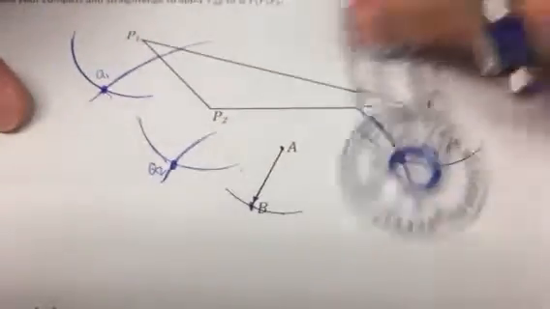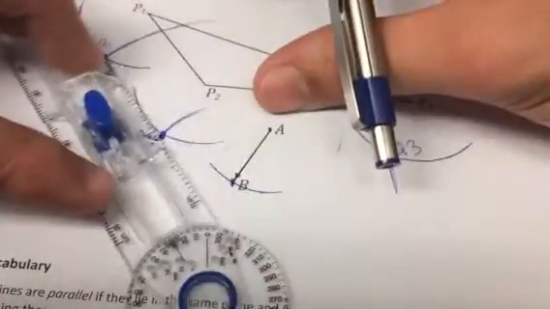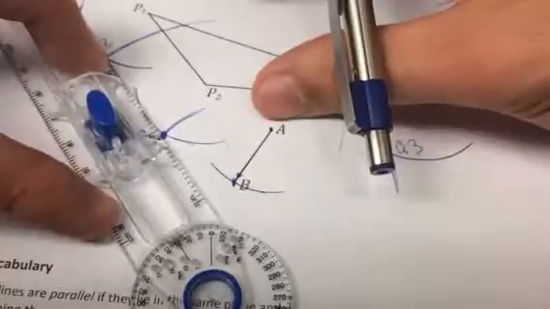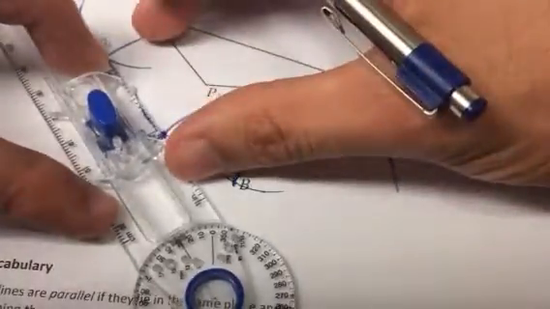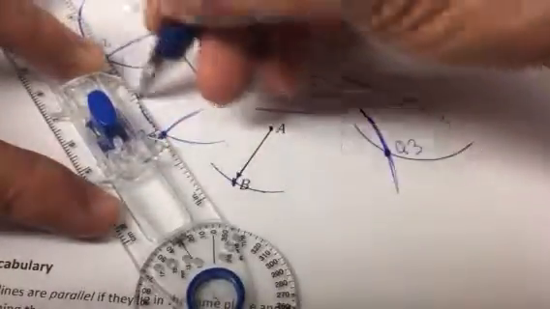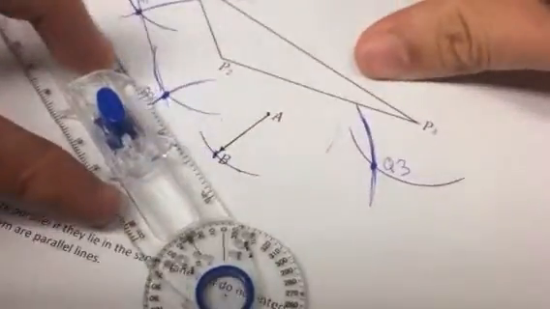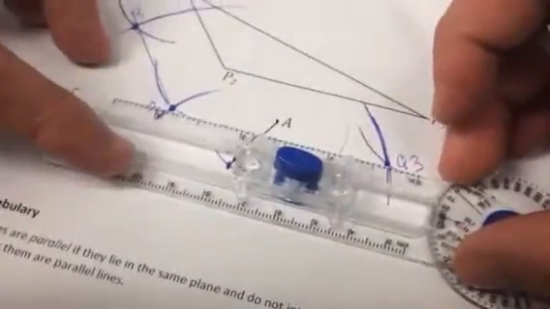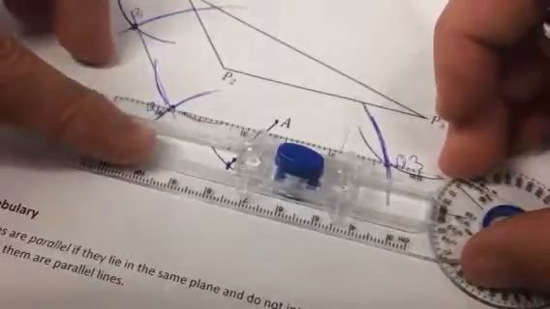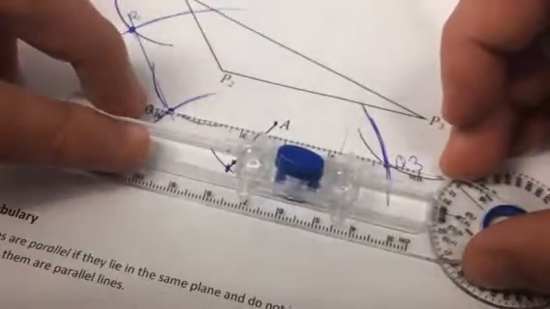All right, I'm gonna connect those. So from Q1 to Q2, let's connect them. So go ahead and do that. From Q2 to Q3, connect those. So do that.